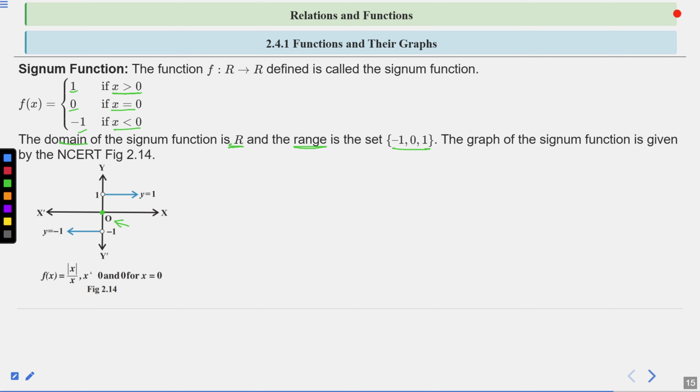Anybody having any doubt? Please ask. Is it clear how we define our Signum function? The domain, range and the graph. If not, please specify your doubts. What is not clear?